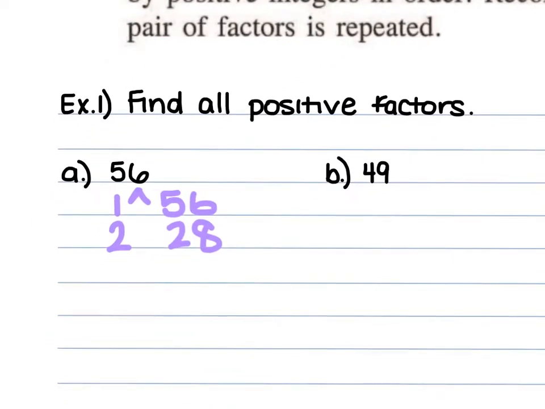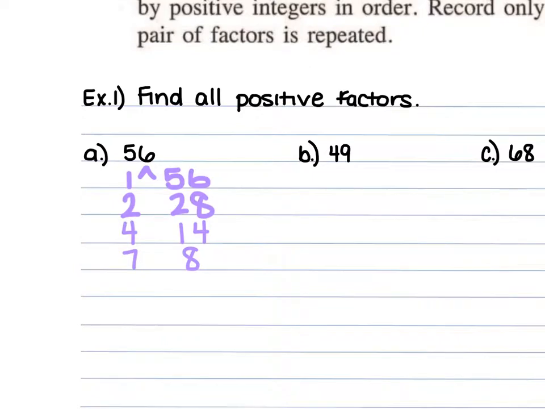We also see that 4 goes into this number. 4 goes into 5 once with 1 left over, and 4 goes into 16 4 times. And then it's also 7 times 8. So those are all of our positive factors that go into 56: 1, 2, 4, 7, 8, 14, 28, and 56.